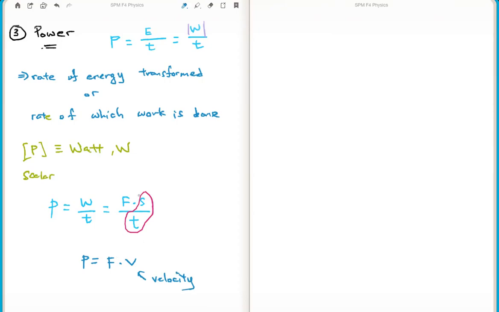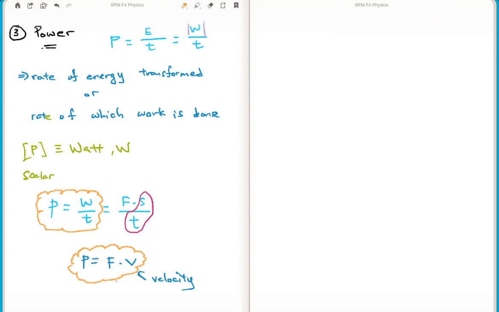So you may say there are two equations for power, the first one and the second one. But I will say there's only one, because this is a derived equation. The rate at which work is done, W over T, is also equal to force times velocity, because it's derived here.